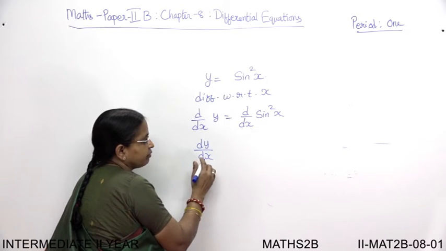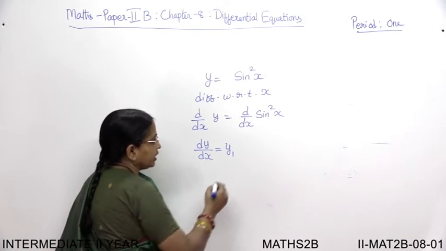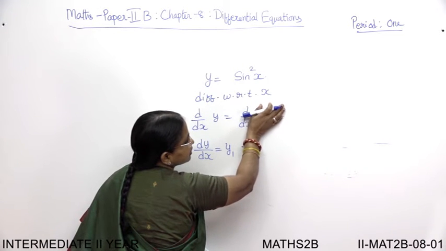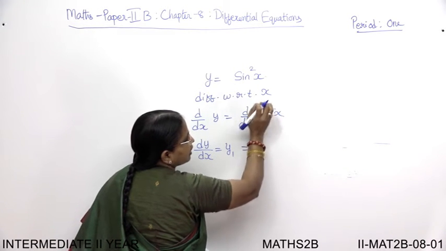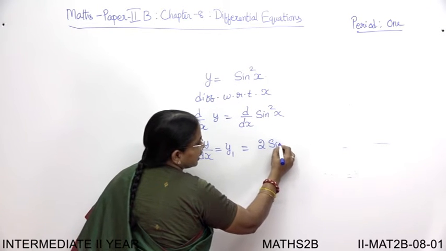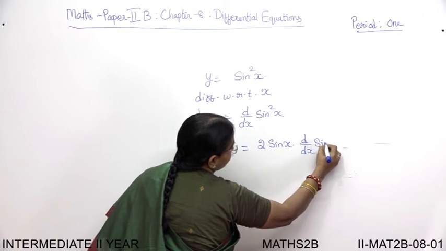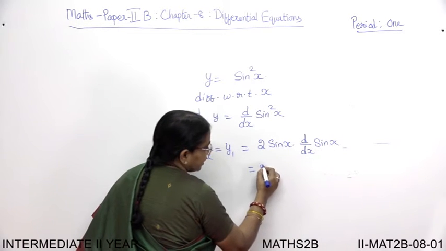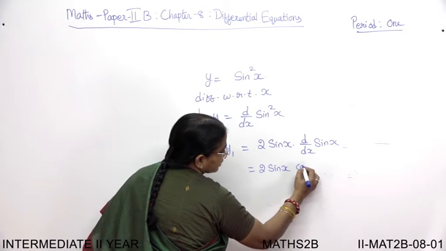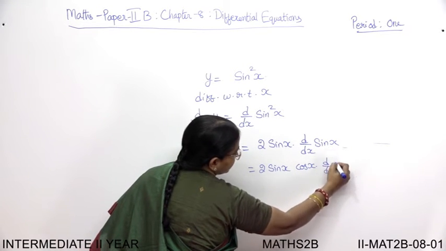Generally, we denote dy by dx also by y1. Now what is the derivative? The outer function is a square. The derivative of x square is 2x, so 2 sine x into the derivative of sine x, which is cos x, into again the derivative of the inner function, that is x.